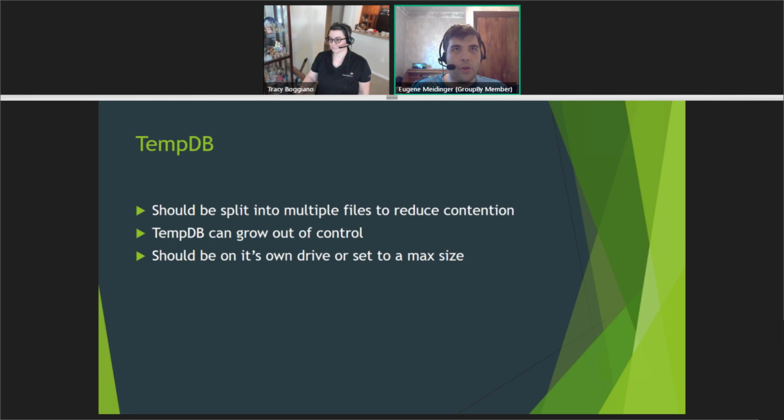I know there's some articles out there. Usually in my case, I can get a pretty good feel for it, because when I'm dealing with customers who are small shops, a lot of times we're talking 10 to 100 gigabytes. If you have 10 gigabytes of data, I can just make TempDB 20 or 30 gigabytes and call it a day, generally speaking.